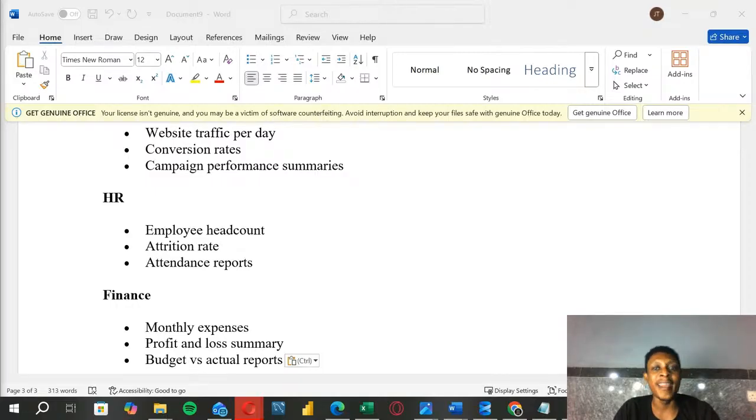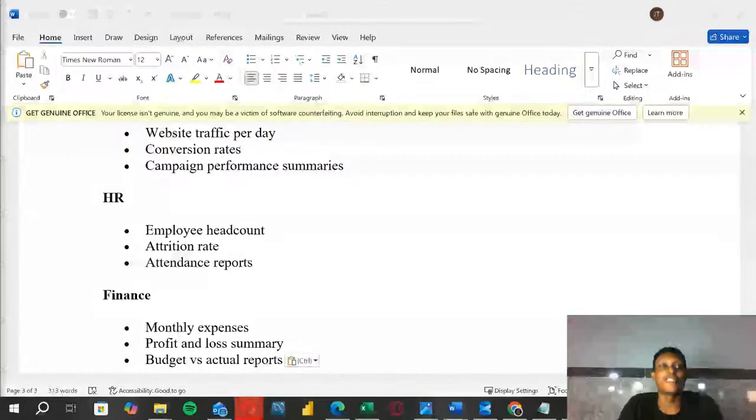That is why people get stuck. They don't connect data to business meaning. This is very important. You have to understand business.